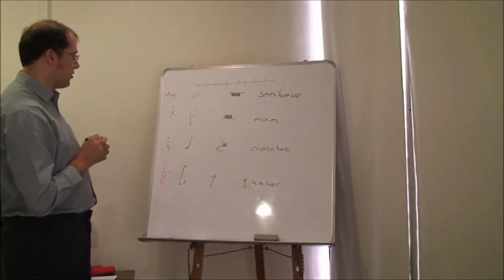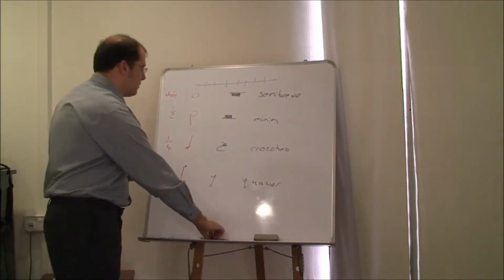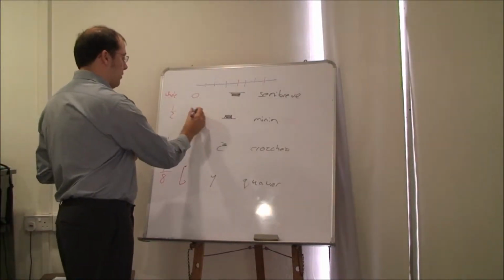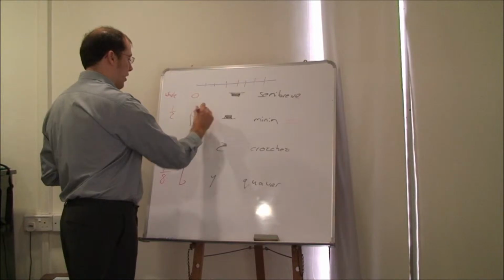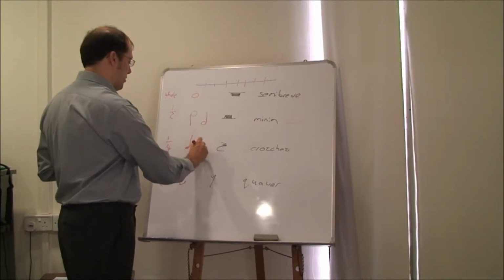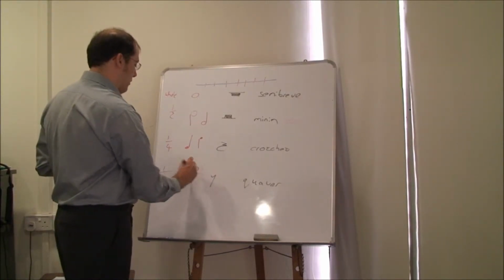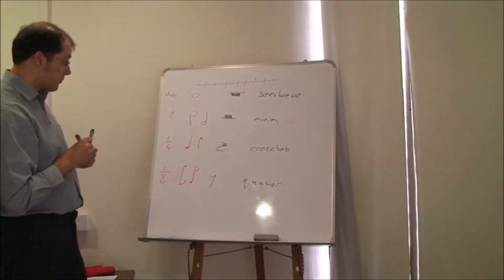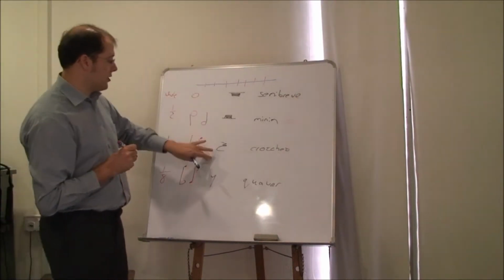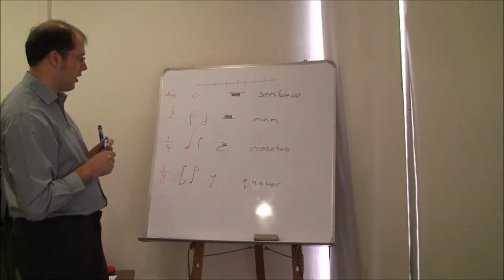One thing to notice is that while the minim note can look either like that or like that, the same with the crotchet and the quaver, for the rests, they're always in this shape.